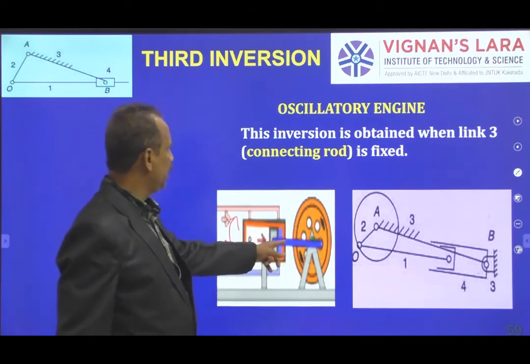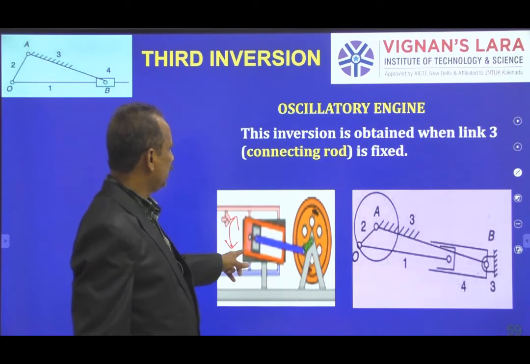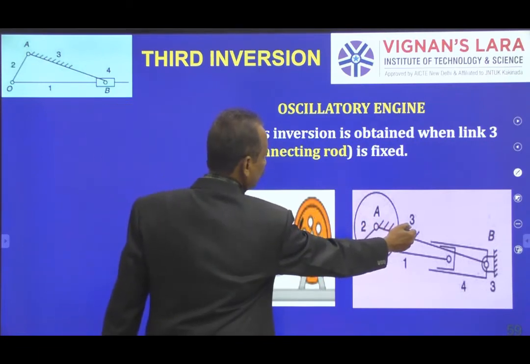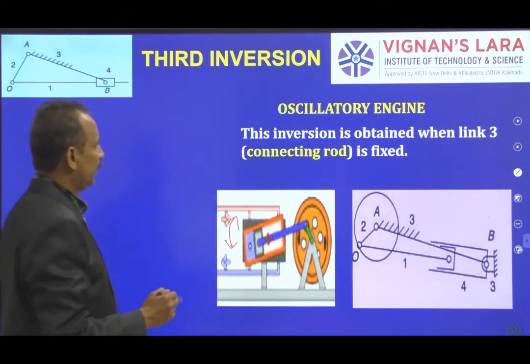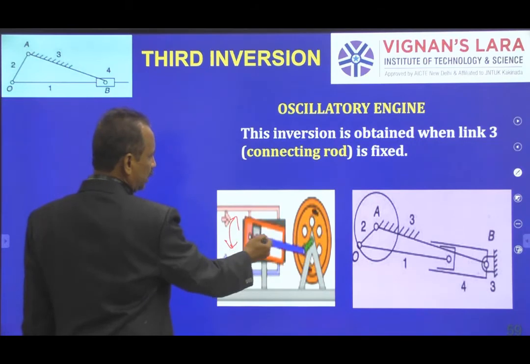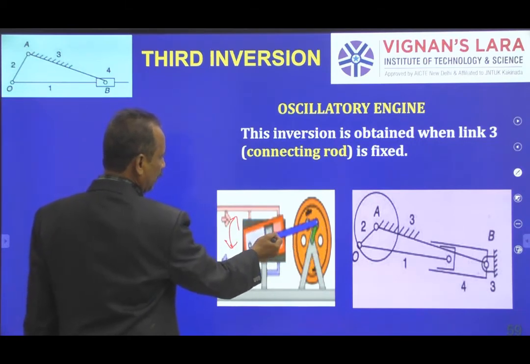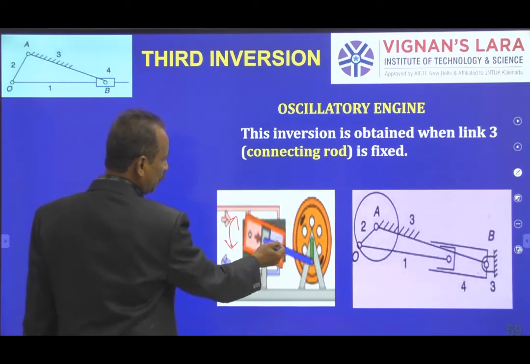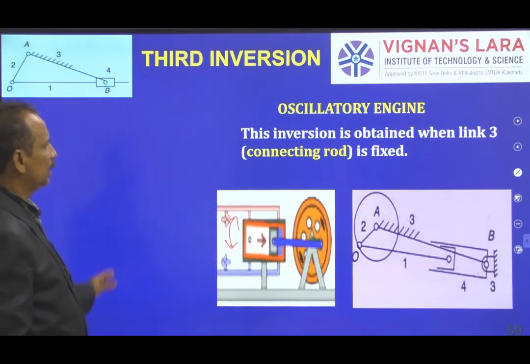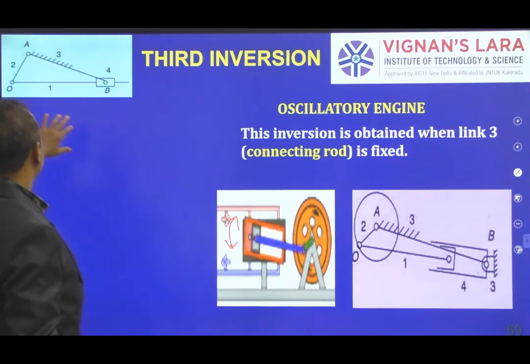You can observe here that when link 3 is fixed, the connecting rod, which is link 3 and is fixed, causes the reciprocation of the piston and the oscillation of this cylinder. That is the oscillatory engine.